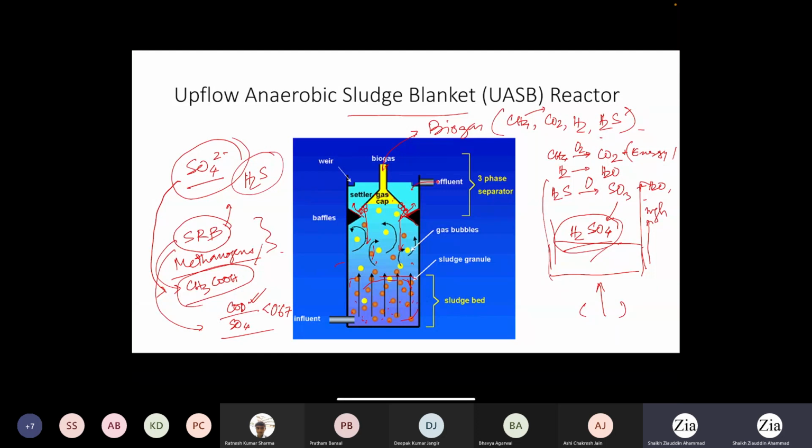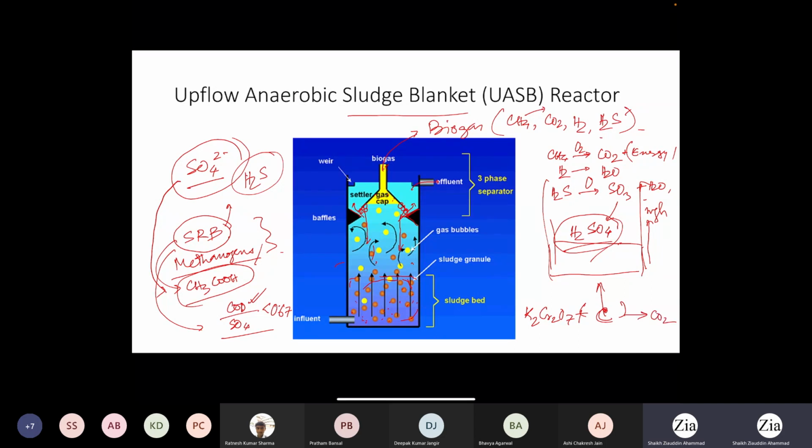Potassium dichromate plus your wastewater, which essentially has carbon, will give carbon dioxide.